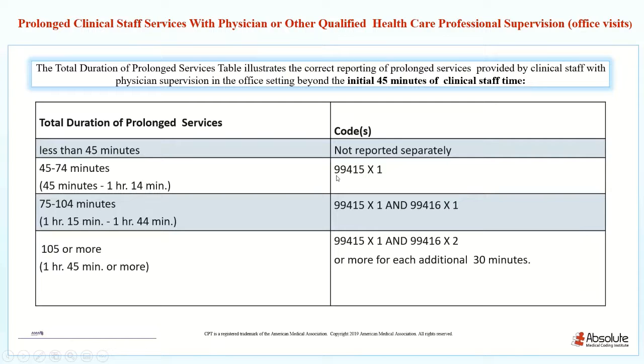If it is 45 to 74 minutes, you report 99415. If it is 75 to 104 minutes, 99415 and 99416 get coded. And if it is 105 or more, it's 99415 once and 99416 times 2, or possibly more, depending on if there is an additional 30 minutes beyond that 105, okay?